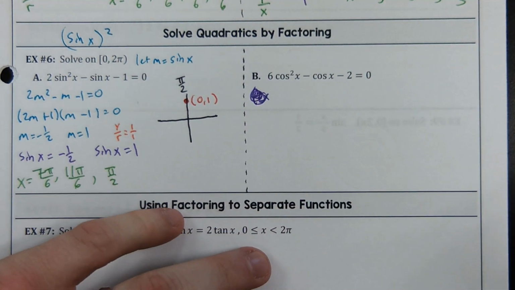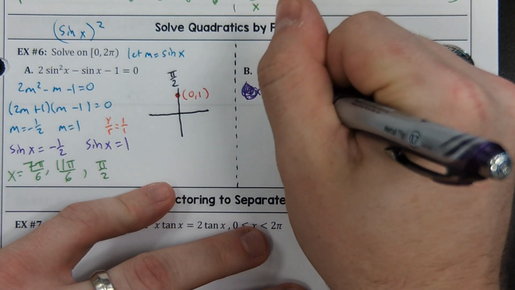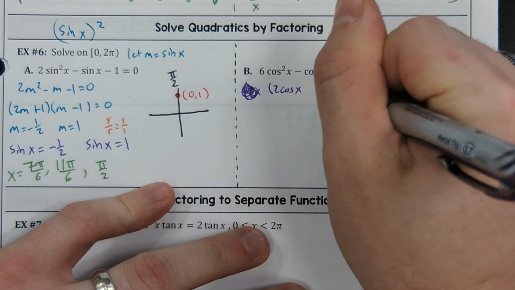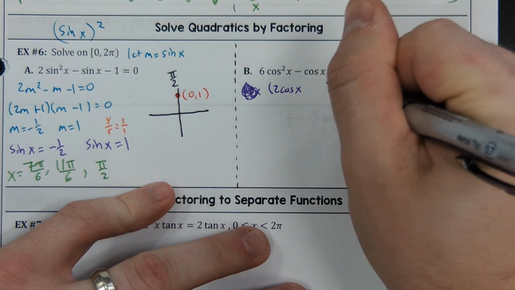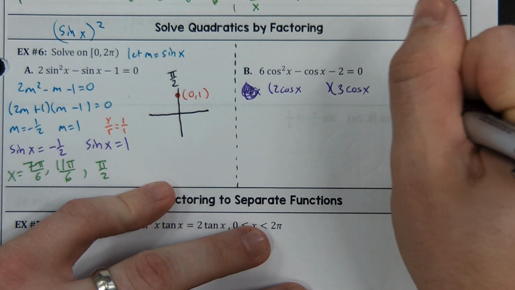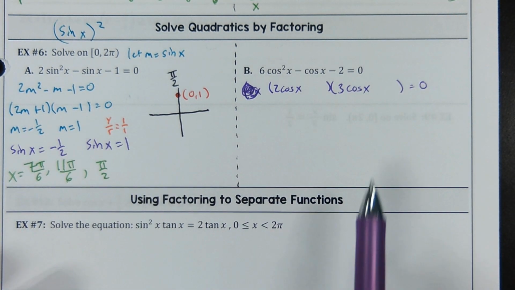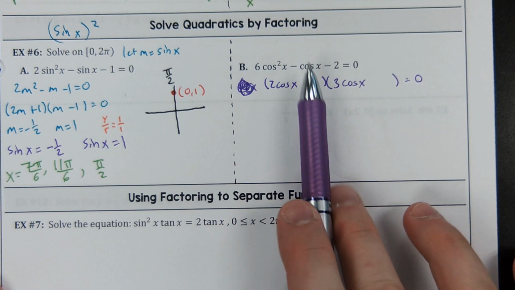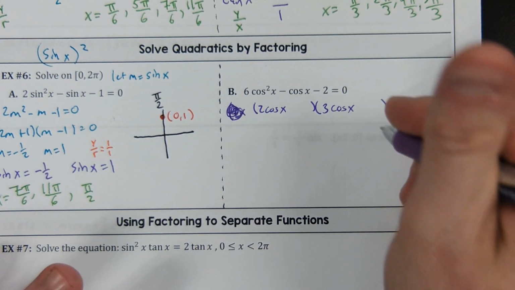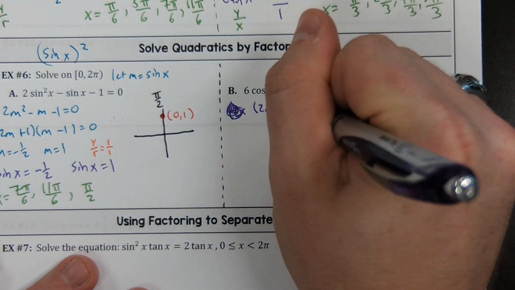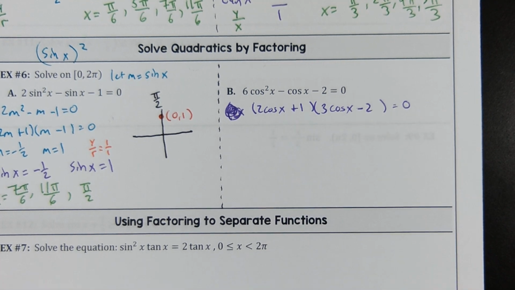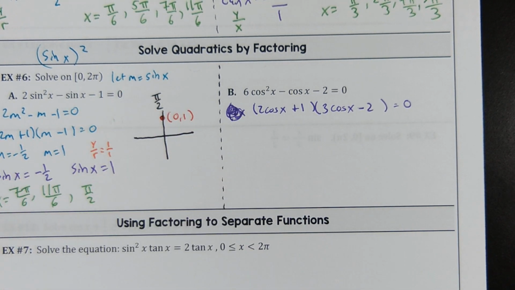See, space at a premium. I've already written something I'm not supposed to write. A 2 cosine x and a 3 cosine x, and it equals 0. And now we just need the last 2 numbers to multiply to negative 2 while they add to a negative 1 in the middle. So it happens like this. There it is. That's factored.